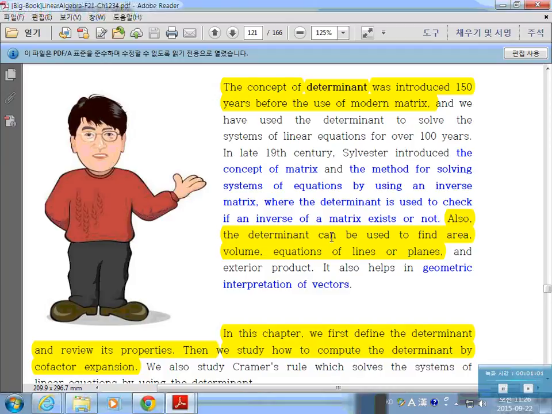The determinant can be used to find areas, volumes, and equations of lines or planes, etc.